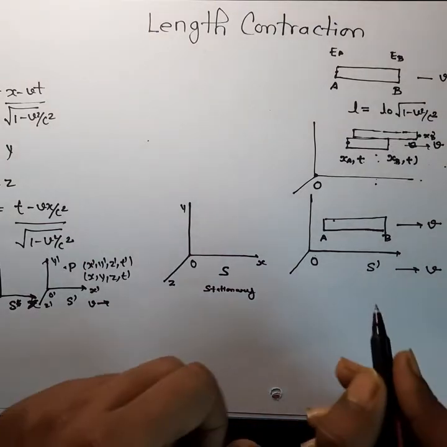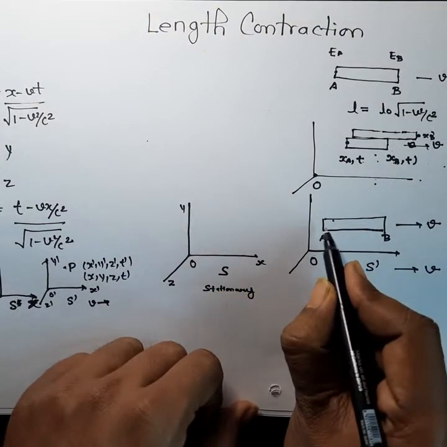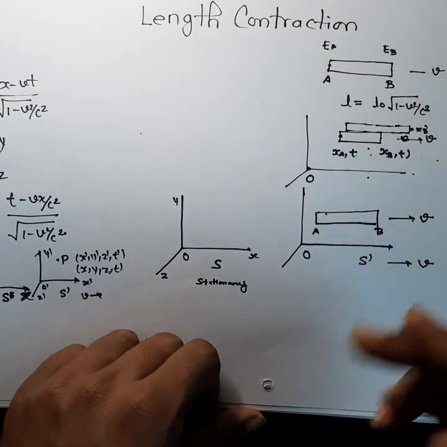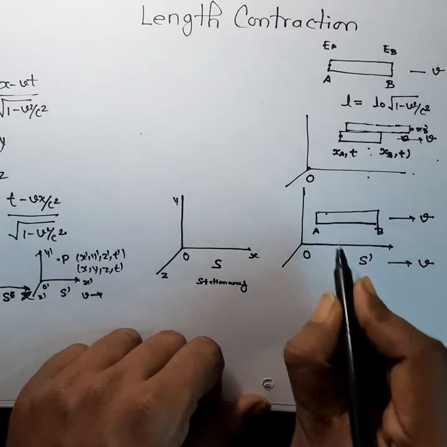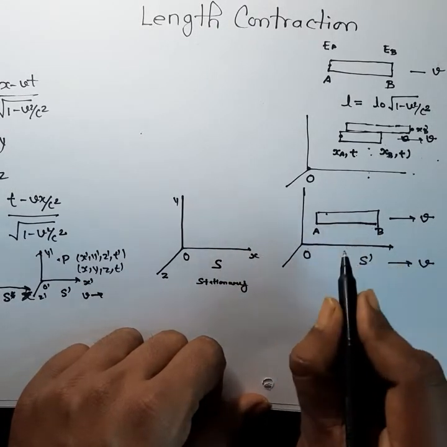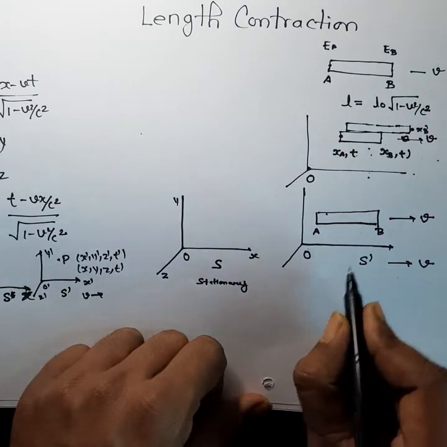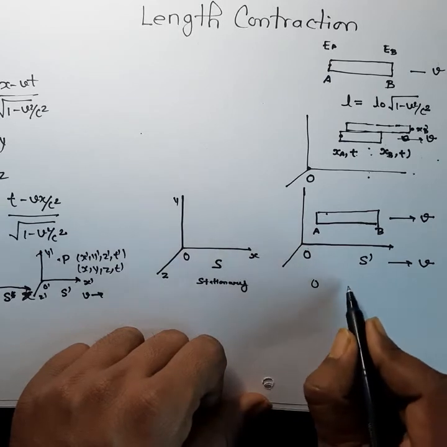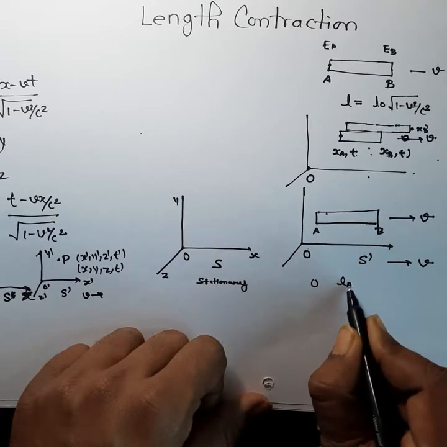Let us consider this is event A and this is event B. Again, I want to tell you another point, that the length in which the rod is at rest is called its proper length. So suppose for the observer O, he measures the length of the rod LAB.